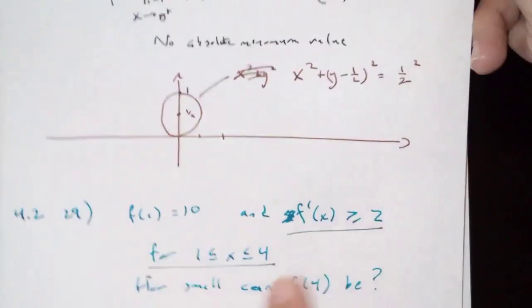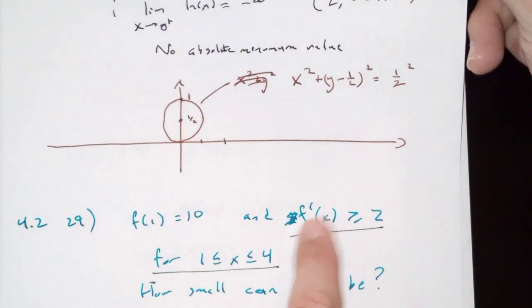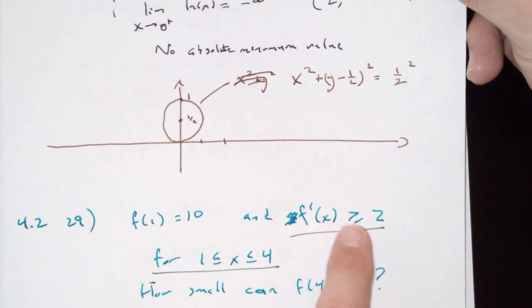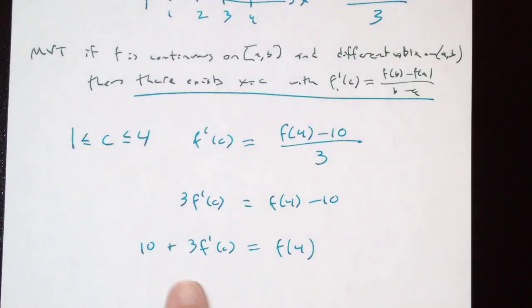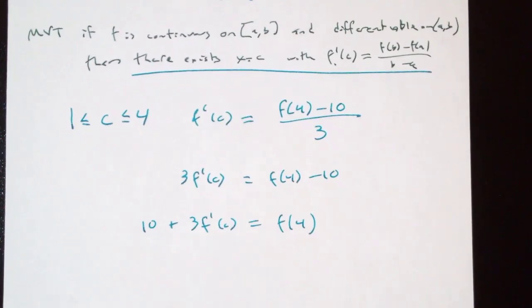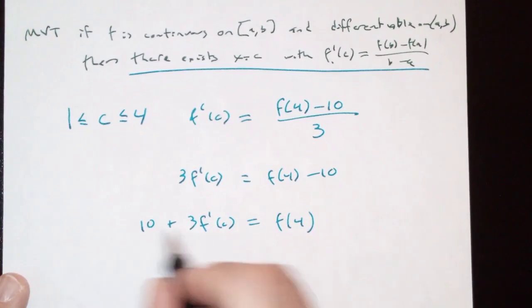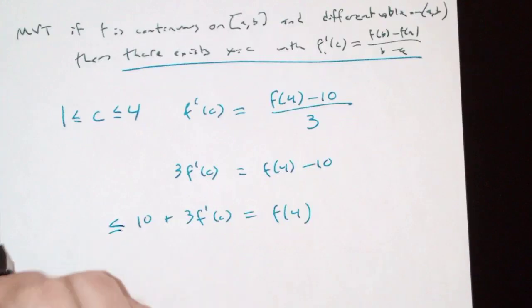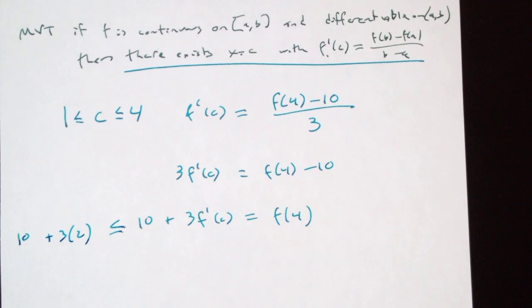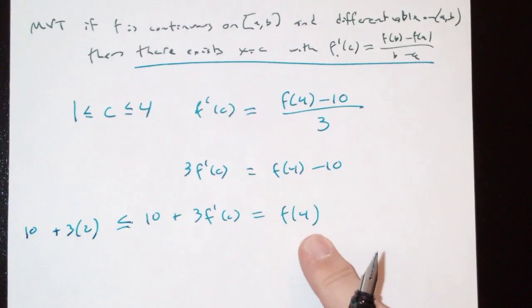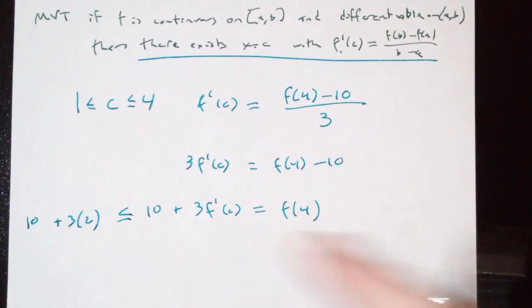What I do know is that that number is always bigger than or equal to 2, isn't it? This number is bigger than or equal to 2. F of 4 must be bigger than this. That's a lower bound, and that number is 16.